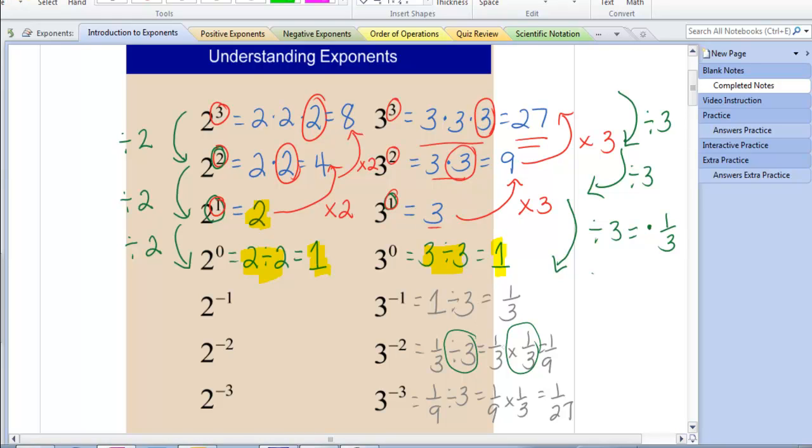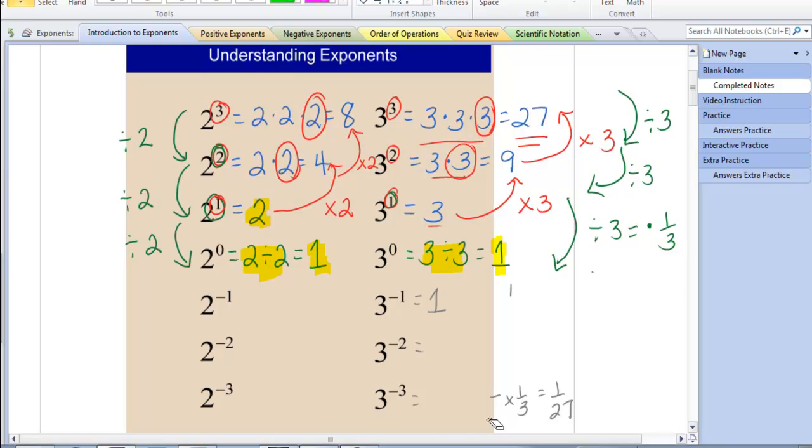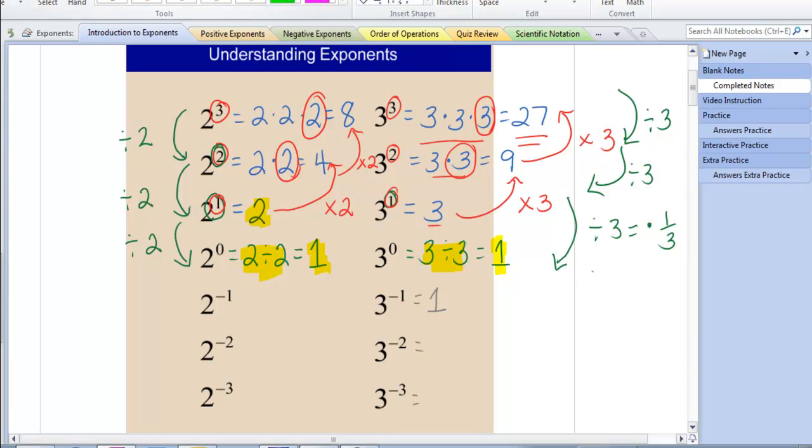So I'm going to come down here and write out everything in terms of multiplying times 1/3 instead of dividing by 3. So what we really end up with for 3 to the negative first power is 1 times 1/3, which is 1/3. 3 to the negative second ends up being 1/3 times 1/3, which was 1/9. 3 to the negative third power is 1/3 times 1/3 times 1/3, which is 1/27.